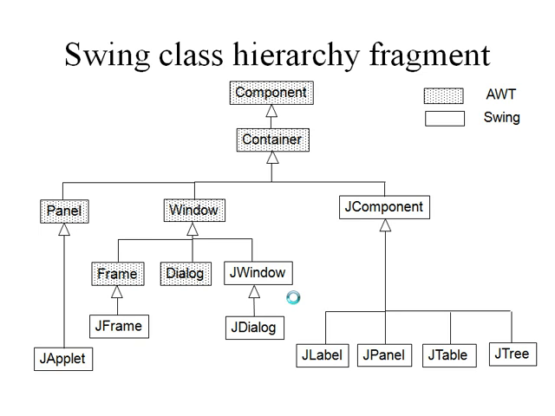So when people use the unfortunate term component in the swing sense or in the AWT sense, they're referring to an AWT component or a J component, depending upon whether it's a heavyweight component or a swing lightweight component. And the container is a container of components.